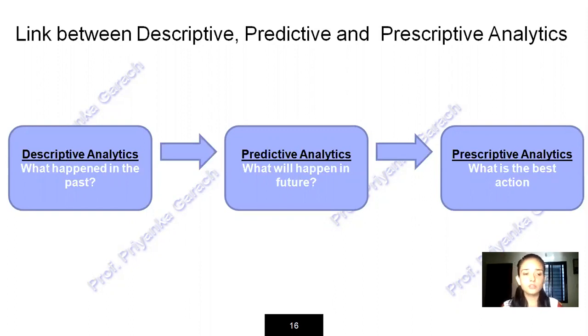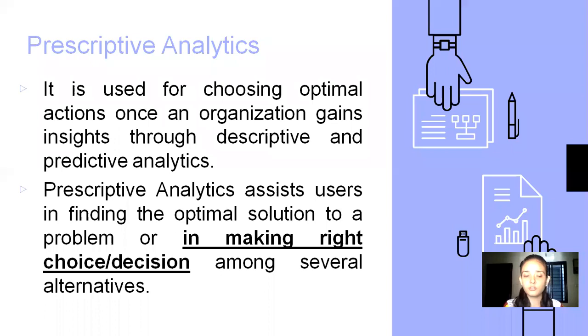Most organizations, about 70%, are only doing descriptive analytics. 40% of organizations are doing predictive analytics, and only 5 to 10% of organizations are doing prescriptive analytics. That is, you have studied the past data and you are predicting for the future.